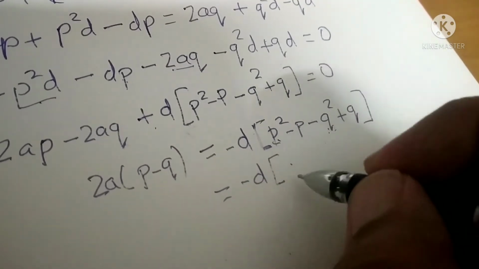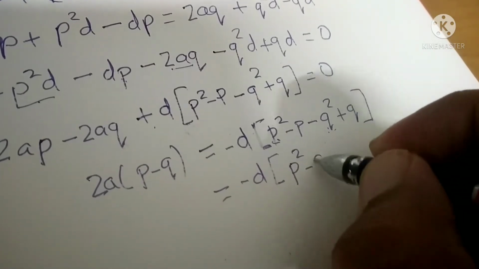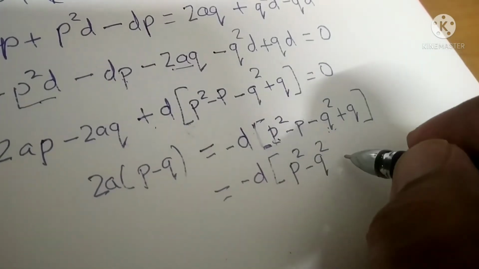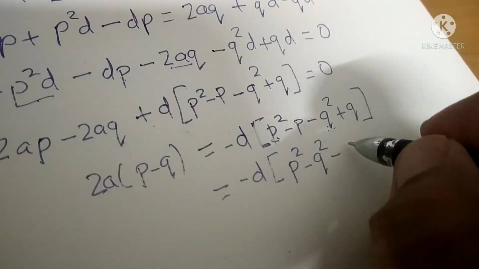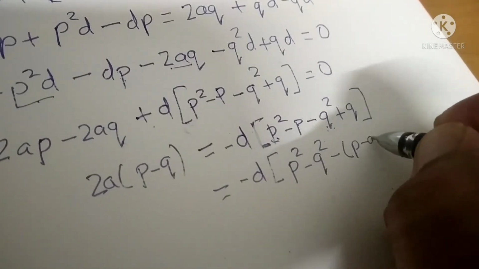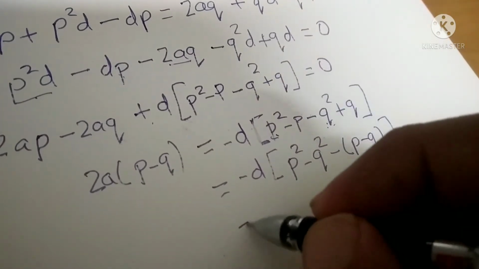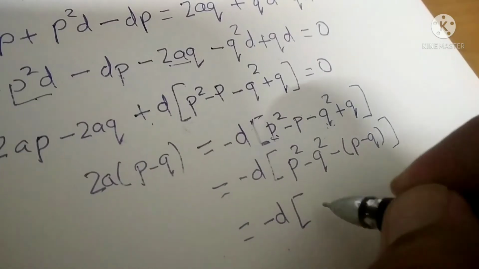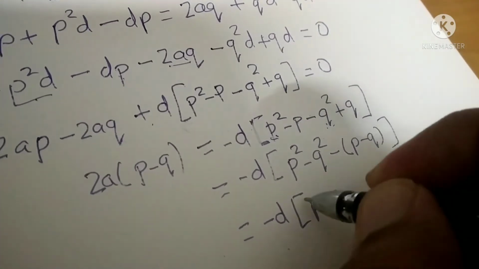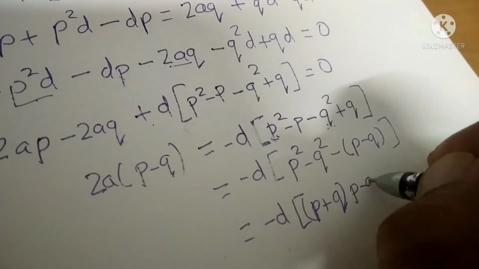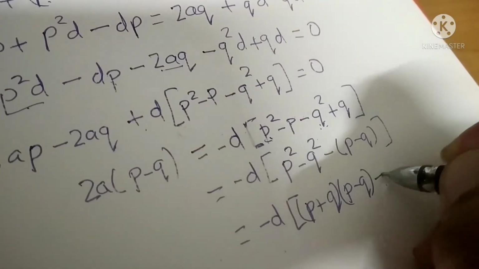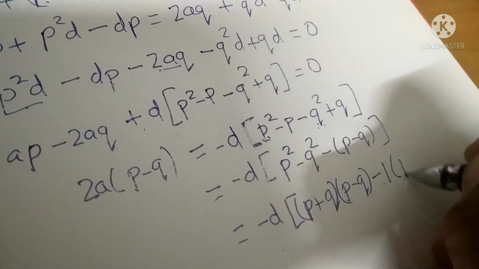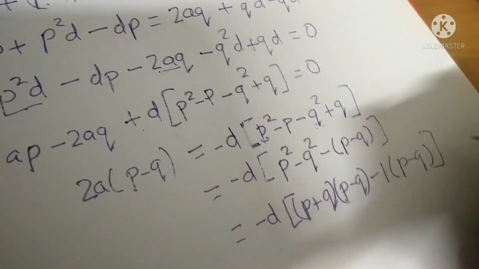So this is p square minus q square, हो जाएगा p square minus q square. अगर हम माइनस इसमें से कॉमन ले लें तो p माइनस q आ जाएगा इसमें. So this is equal to minus d into p plus q into p minus q. Minus 1 is common, so p minus q.